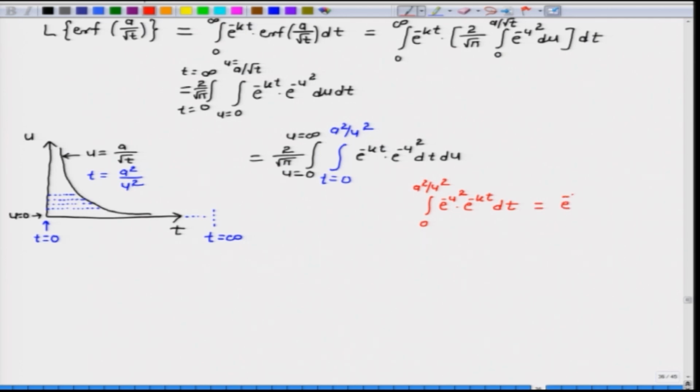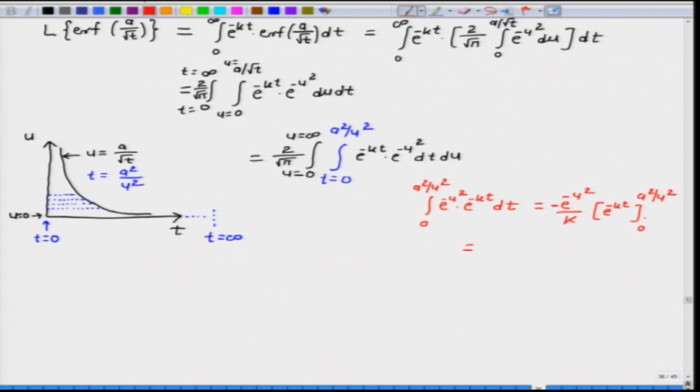and this should be equal to e to power minus u square by k times e to power minus k t, from 0 to a square over u square. There will be a minus sign here because the constant is minus k.